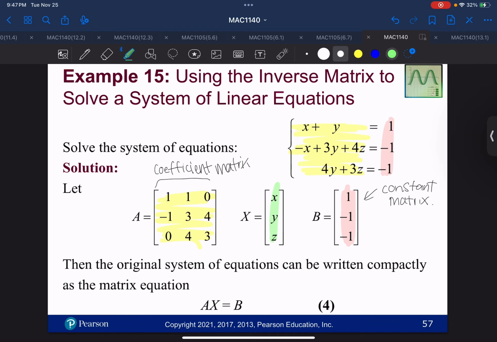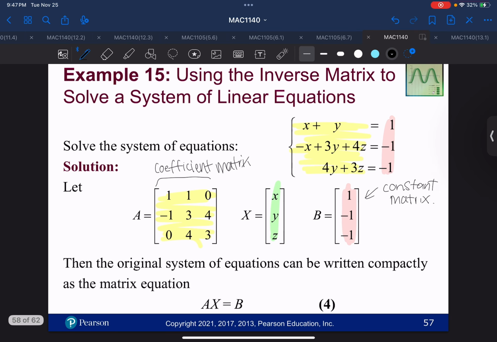So this system can actually be written like this.